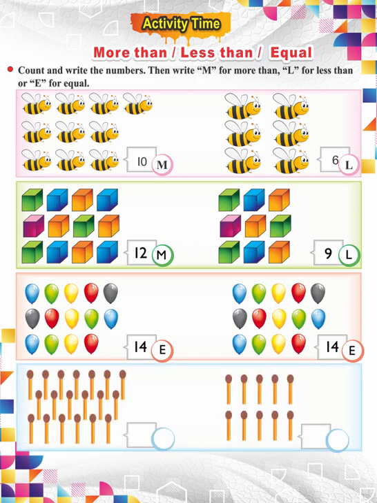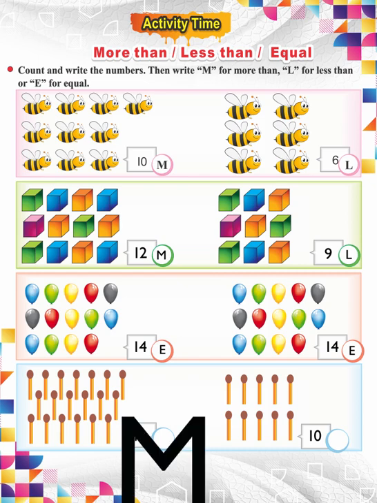In the fourth row, there are 1, 2, 3, 4, 5, 6, 7, 8, 9, 10, 11, 12, 13, 14, 15, 16, 17, 18, 19 matchsticks in the left box, while there are 1, 2, 3, 4, 5, 6, 7, 8, 9, 10 matchsticks in the right box.